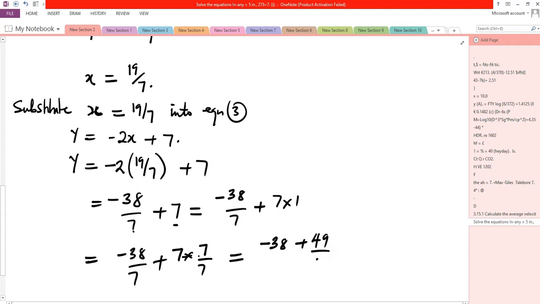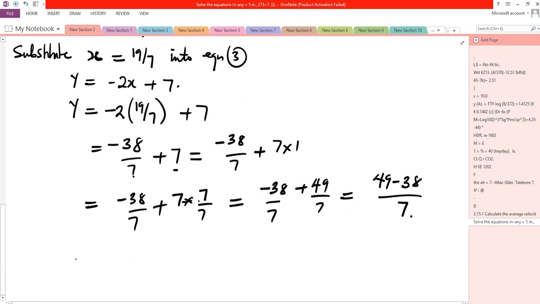This is over 7. Since the denominators are the same, we are left with 49 minus 38 all over 7. So this will give us y equal to 11 all over 7.